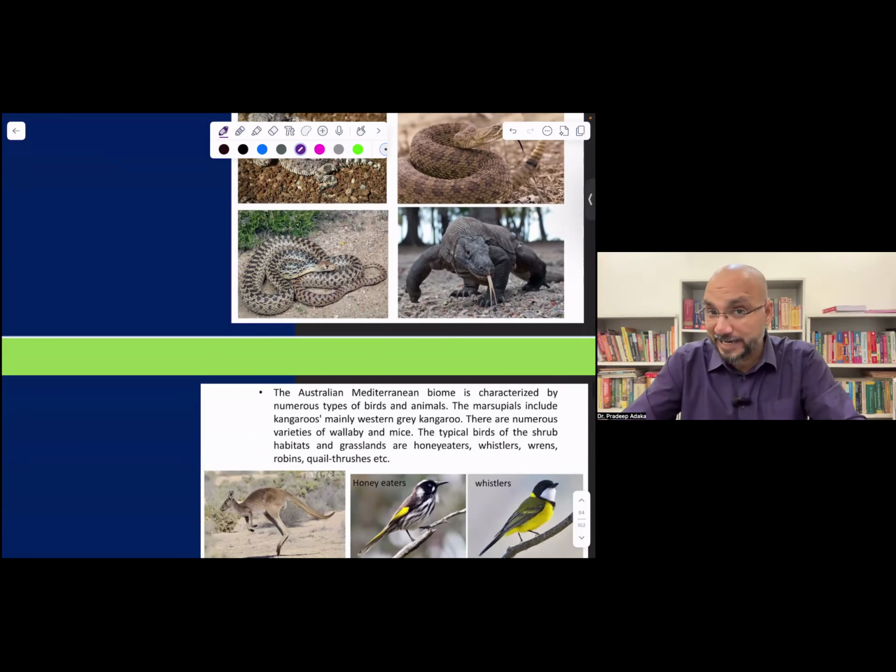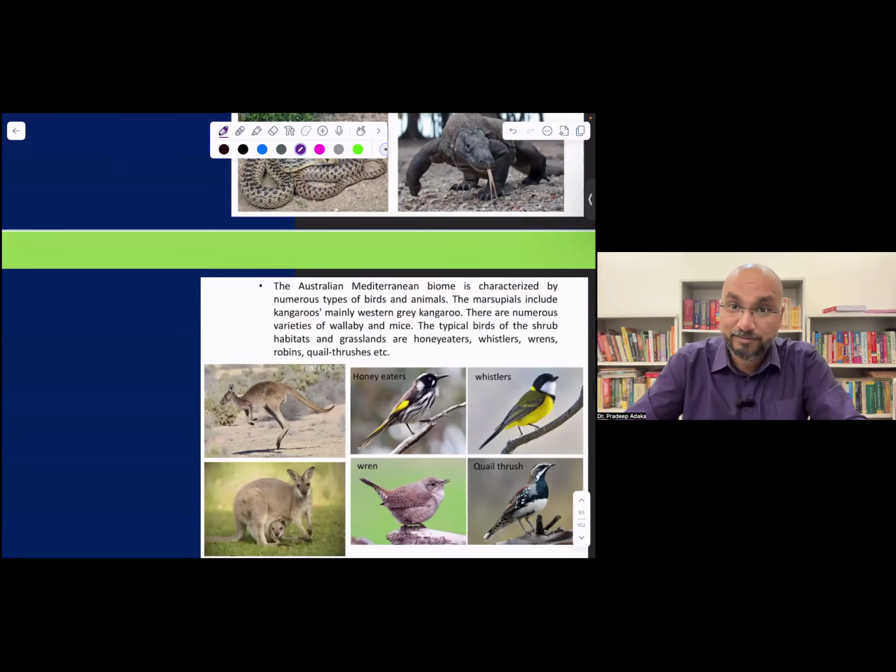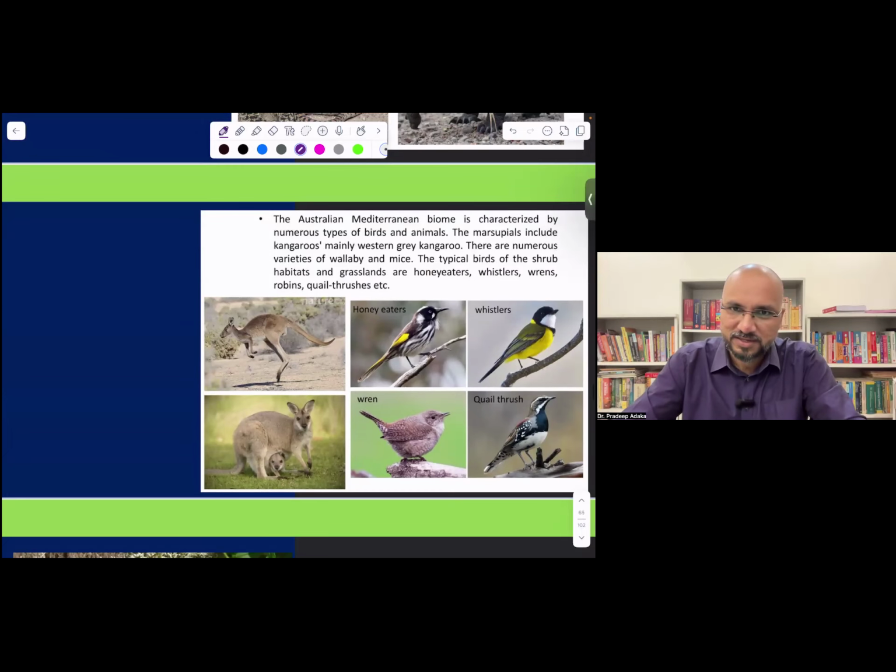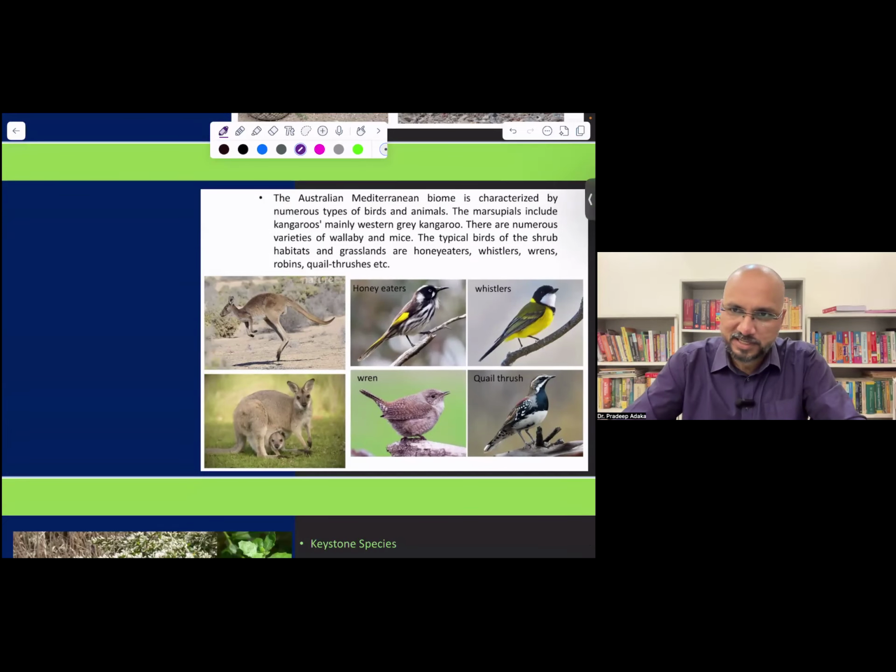In case of Australia, you have unique animals, right? You have marsupials in Australia. You won't see marsupials in other parts of the world. So Australian Mediterranean biome is characterized by numerous types of birds and animals. So here marsupials include kangaroos, okay, and also you have wallaby.